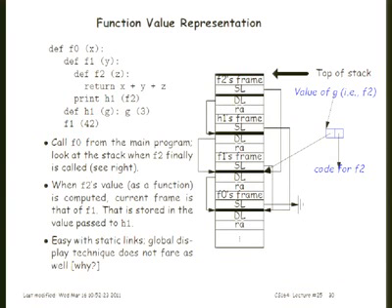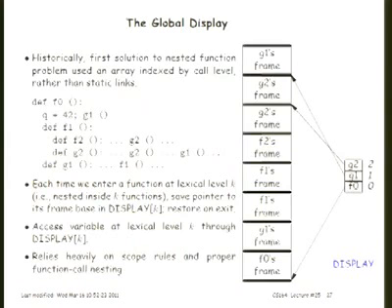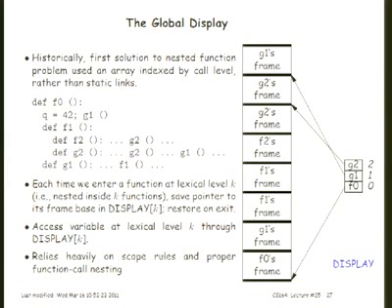But the global display, on the other hand, that is, using an array instead of a linked list for accessing frames, that suffers. This is a global variable here.